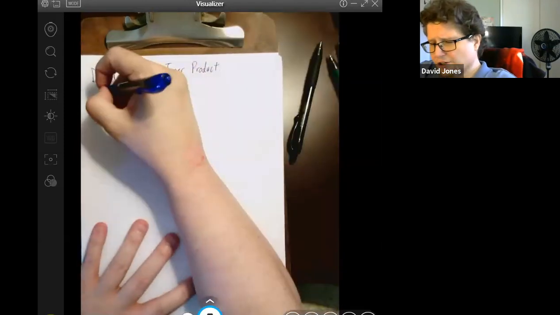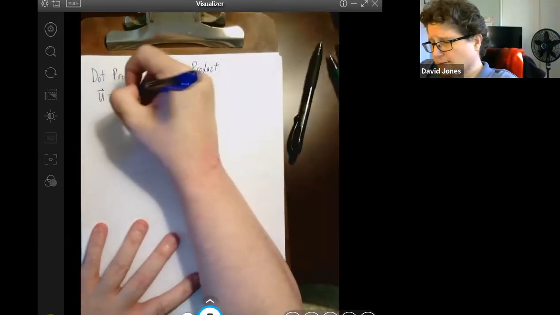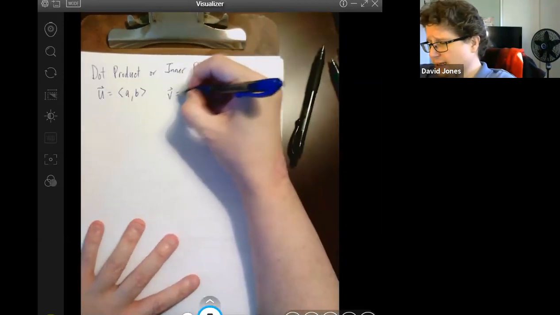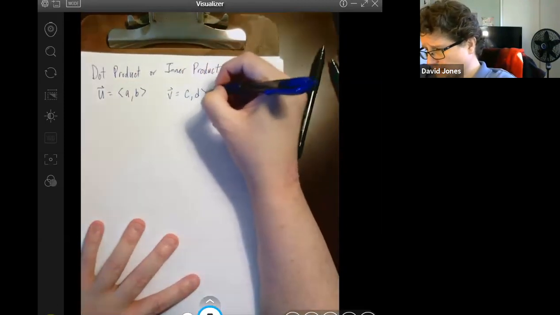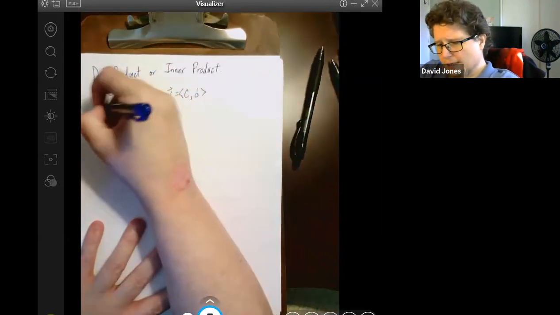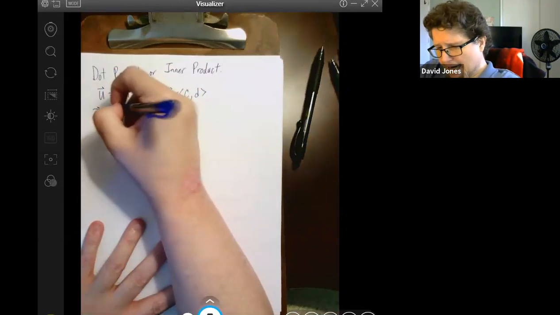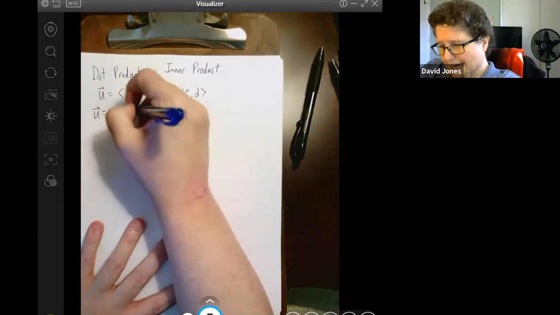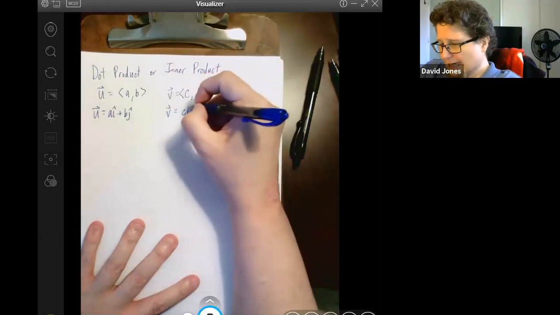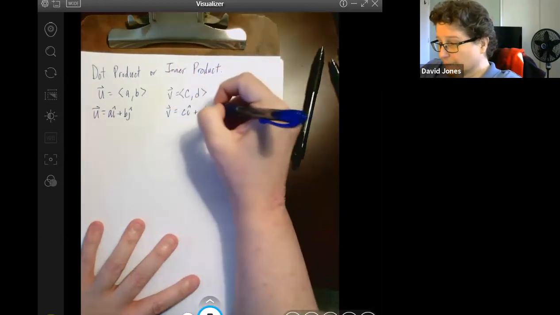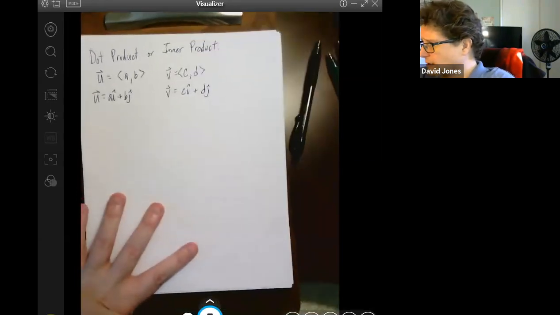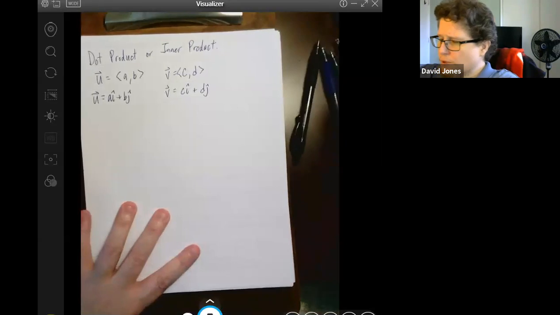If I have a vector u and it's AB, and I have v and it's CD, or u equals A I hat plus B j hat, v equals C I hat plus D j hat.